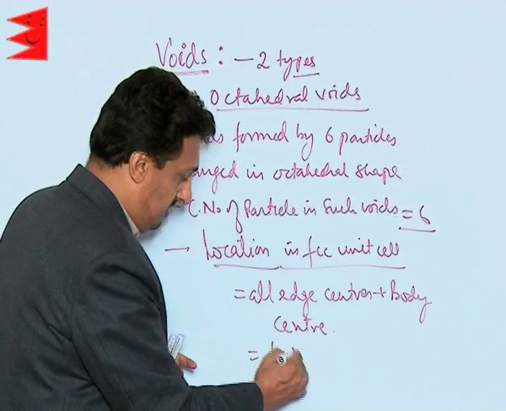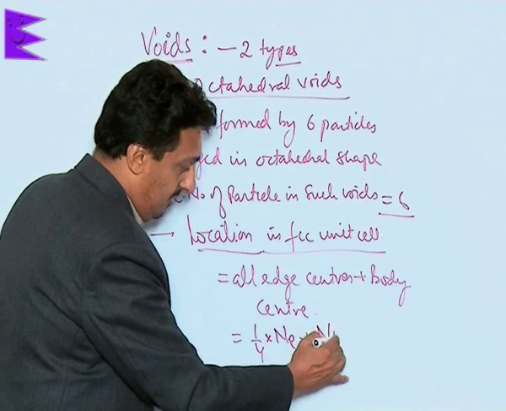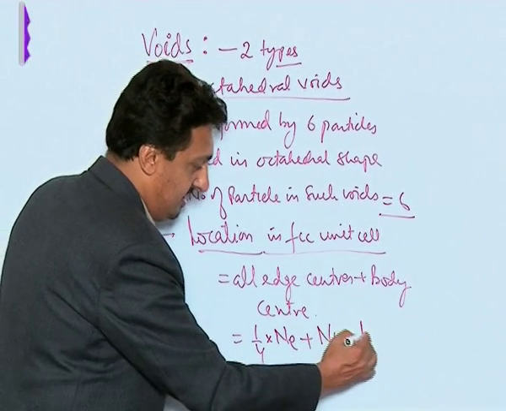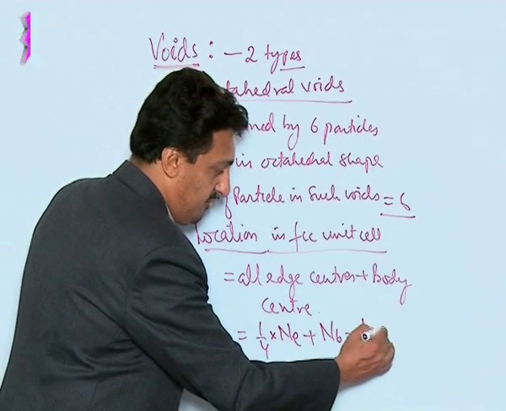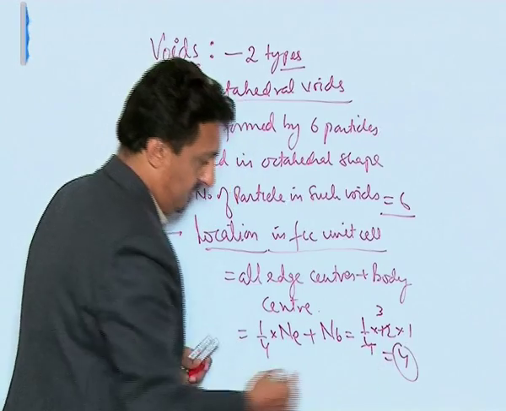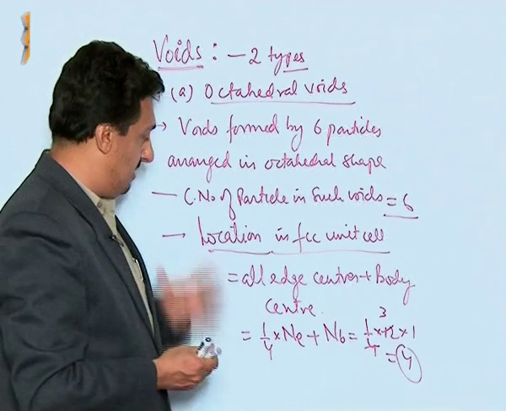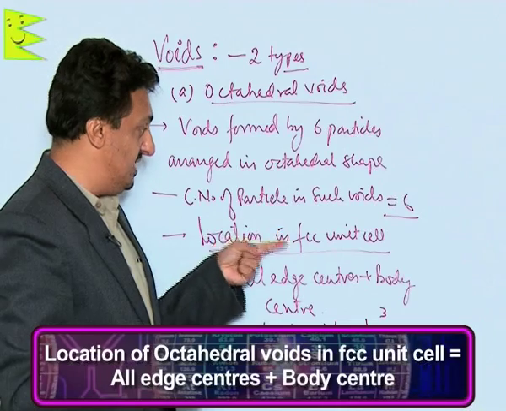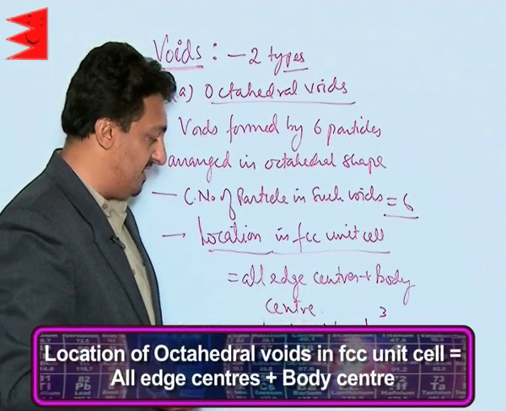So it will be 1/4 of the particles which are lying at the center of the edge and the whole particle which is at the body center. How many edges does a cuboid have? 12. So 1/4 of 12 plus 1 makes it 4, which is also the number of particles per unit cell. So remember, the location of the octahedral voids in an FCC unit cell is all edge centers plus body center.